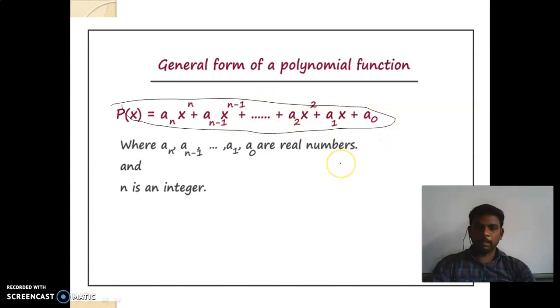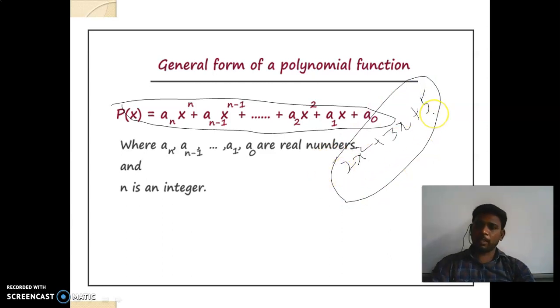For example, 2x square plus 3x plus 5. So that is an expression, right? It contains 3 terms here.